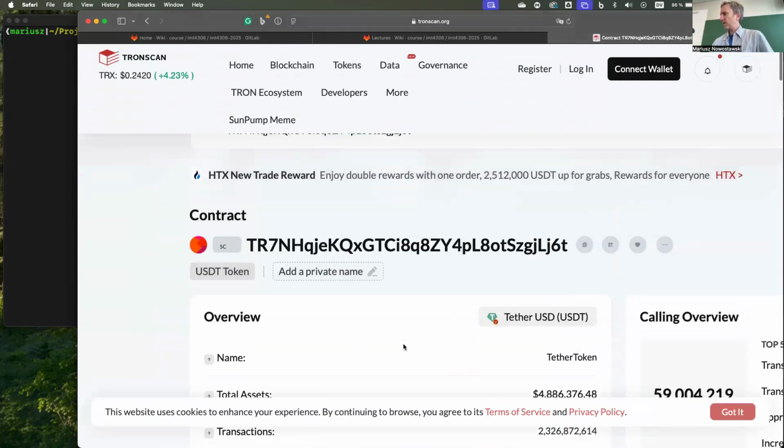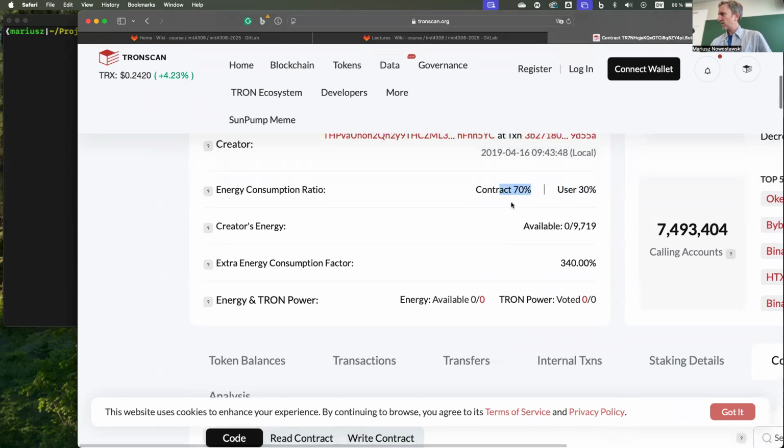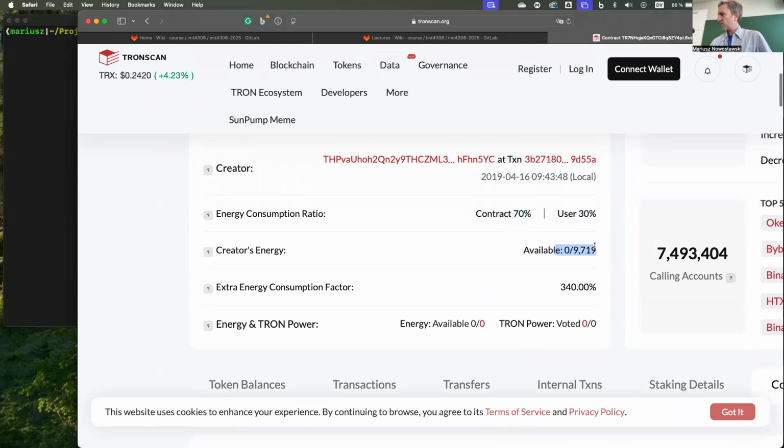So anybody who was using it initially was only paying 30% of fees because the contract was consuming 70, but the available energy is 0. So now, the users have to cover the costs of interacting with the contract.